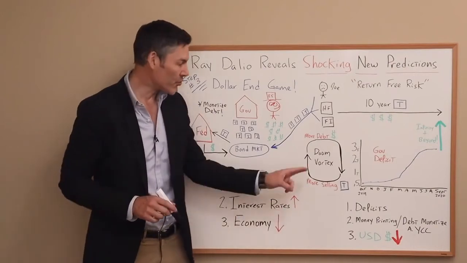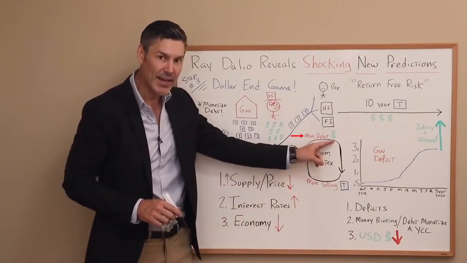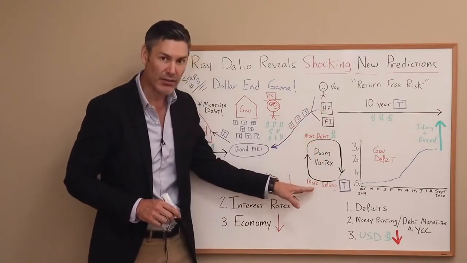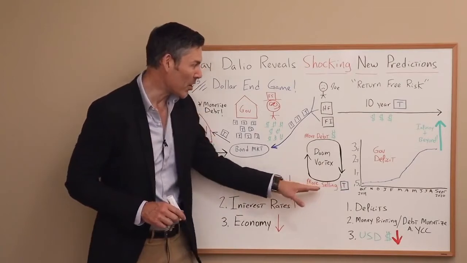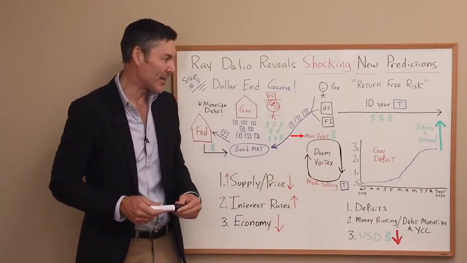But this takes us straight into a doom vortex. The more the Fed monetizes the debt, the more the marketplace sells the treasuries. The more treasuries the marketplace sells, the more the Fed has to monetize the debt.